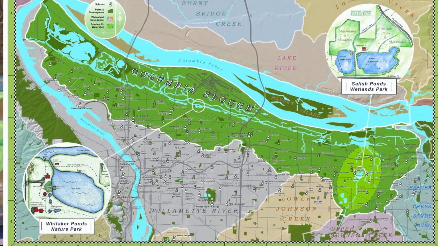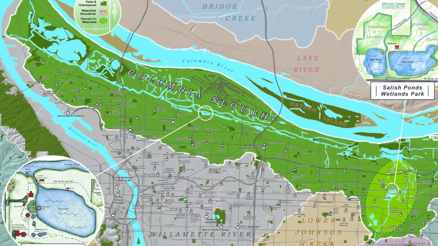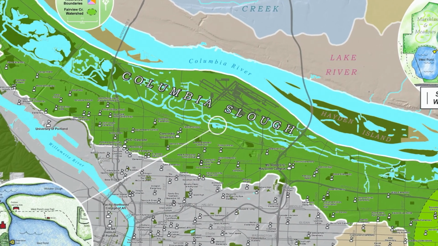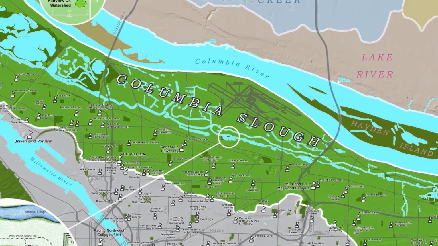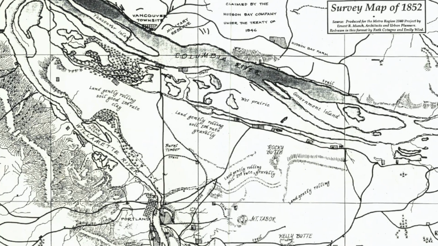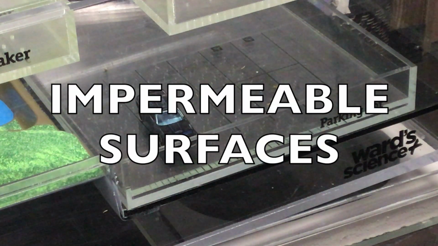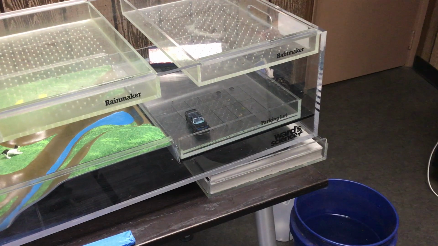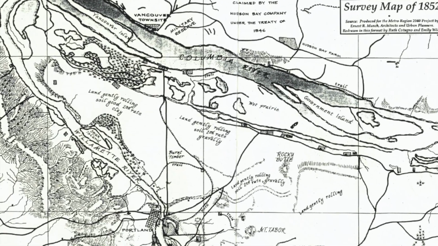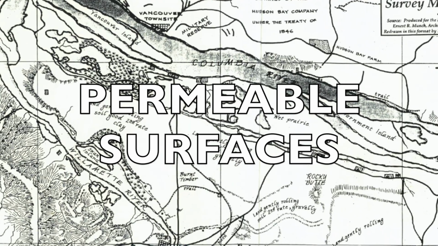So you might remember a lot of changes that have happened in the last 150 to 200 years here in our watershed. And a major one is that we have way more impermeable surfaces than before. When you look at that map from 1852, everything was a permeable surface.